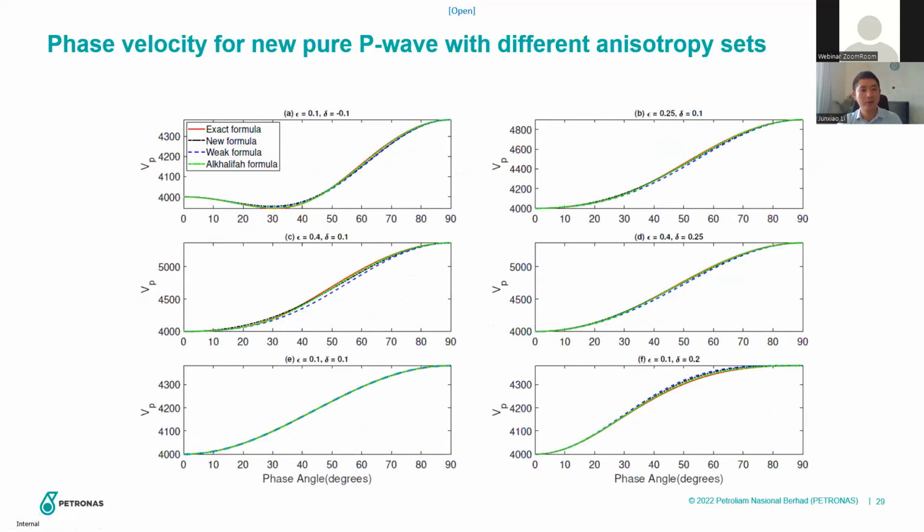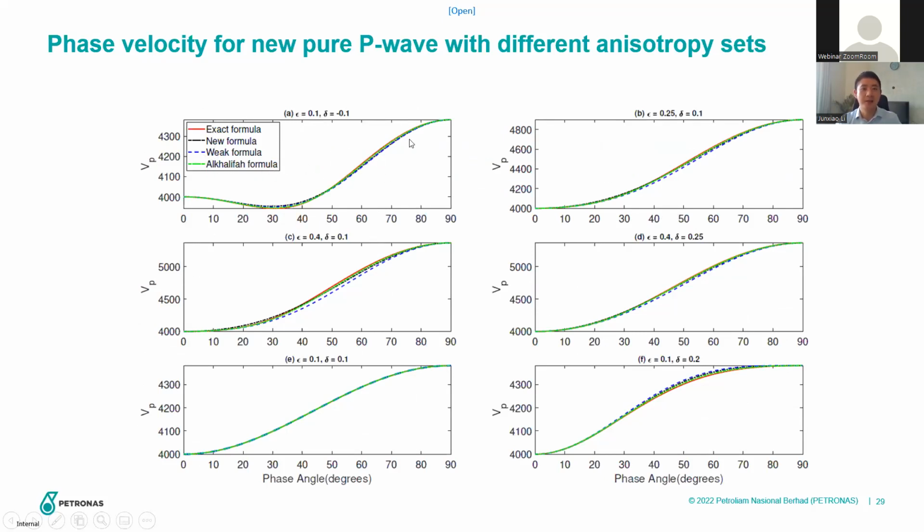So in order to validate this equation, we have also illustrated the phase velocity with respect to different anisotropic parameter sets, from weak anisotropy to strong anisotropy. So we also compared different approximation equations.